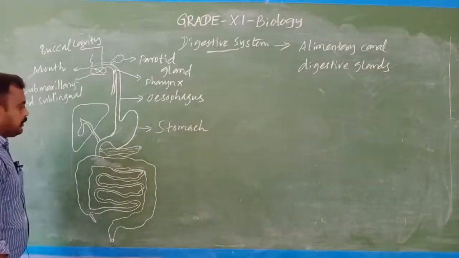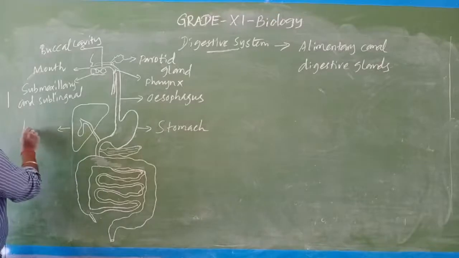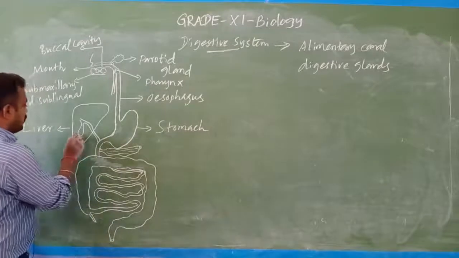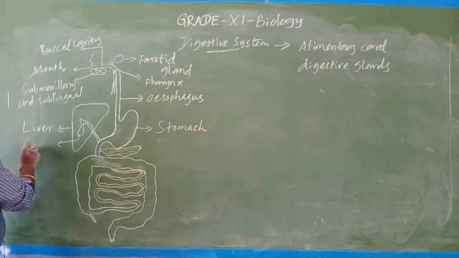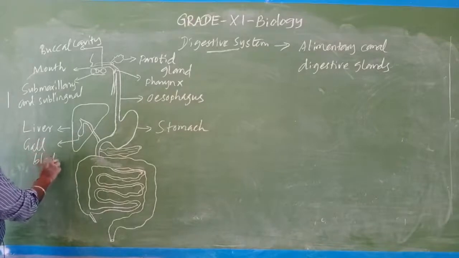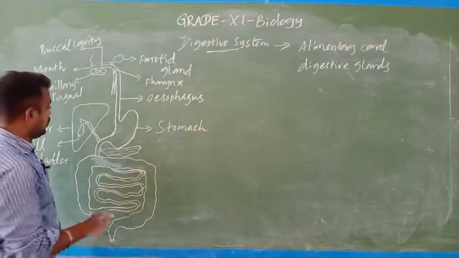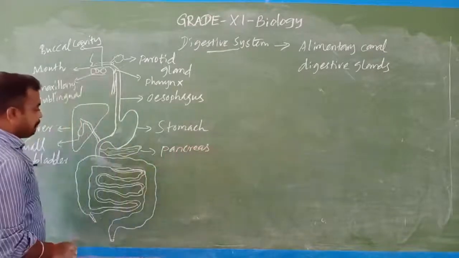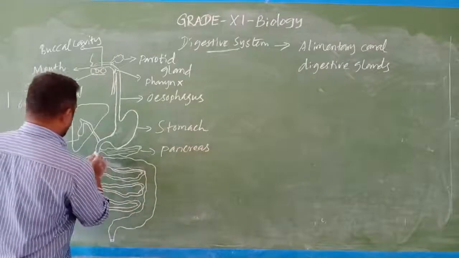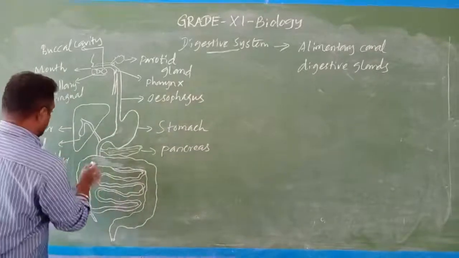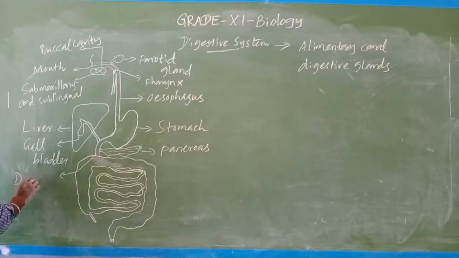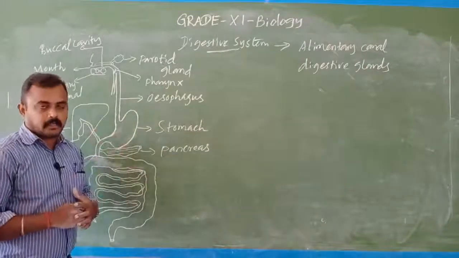Then the liver, which is the largest gland in our body, which consists of the gallbladder, then the pancreas. Here the first part of the small intestine is known as the duodenum. Actually three parts are there in the small intestine.